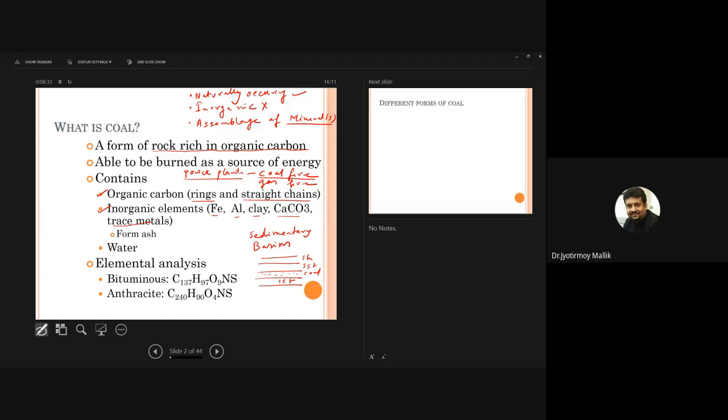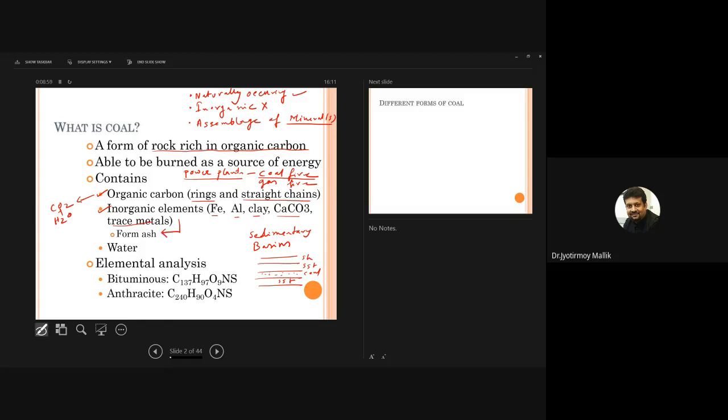Okay, and when these are burned, carbon becomes carbon dioxide, CO2, of course, and H2O. And the inorganic elements, of course, form something we call ash.